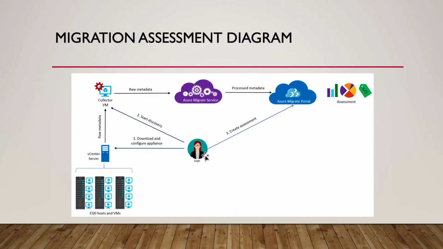Okay, let's review the steps on the diagram once more. The first step is you, this person in the middle, downloading and configuring the appliance on the virtual center server. And then you start the discovery by running the collector, which is going to collect the raw metadata from these servers through the vCenter, and then sends that raw metadata to Azure, which then processes it, and you create the assessment by setting up the properties that we already discussed.